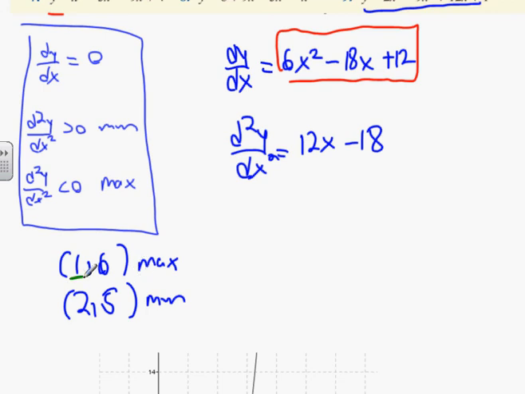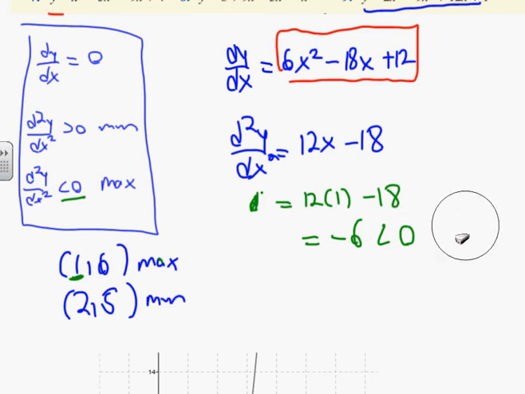If we put in 1, what are we expecting? We're expecting an answer lower than 0. Let's see if that happens. It's going to be 12 times 1 minus 18, which is minus 6, less than 0. It's the minimum. Oh, sorry, it's the maximum. Less than 0 is the maximum.